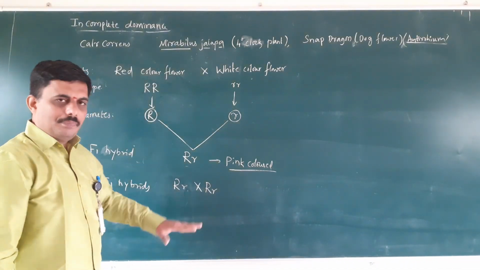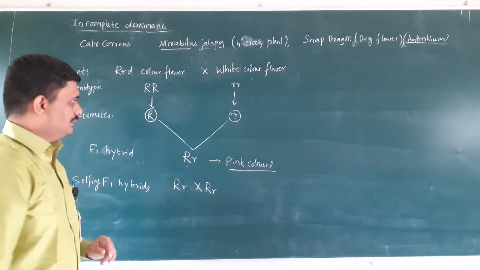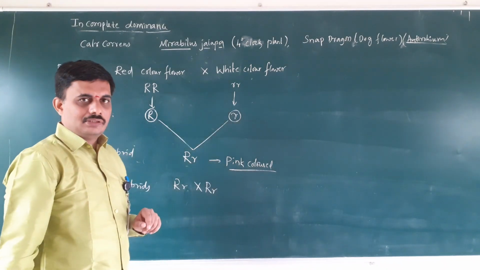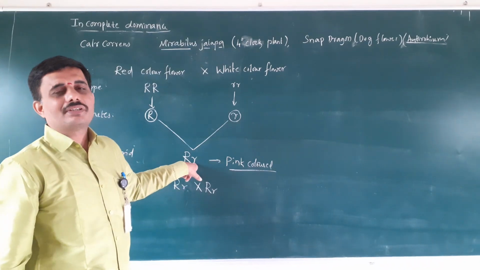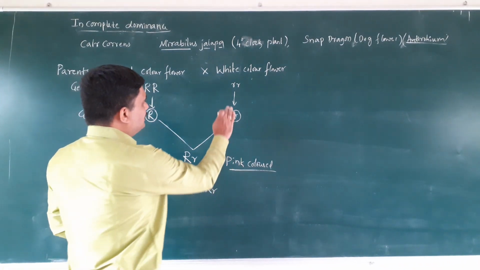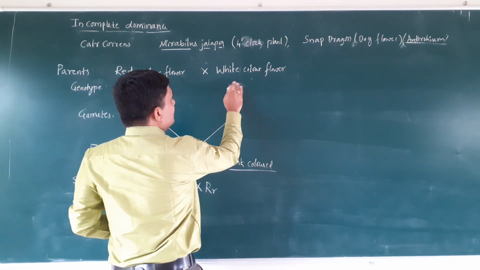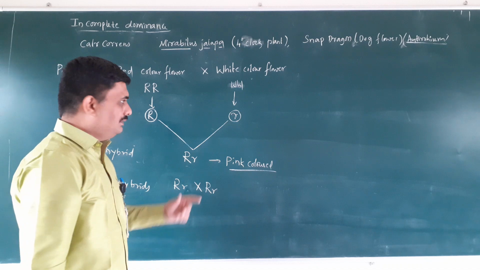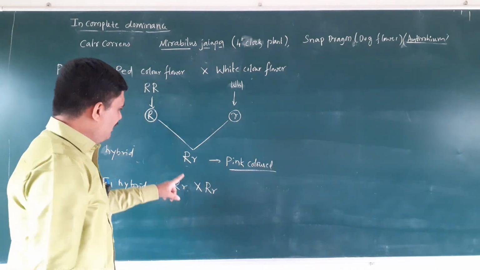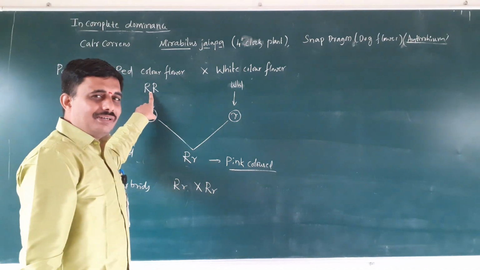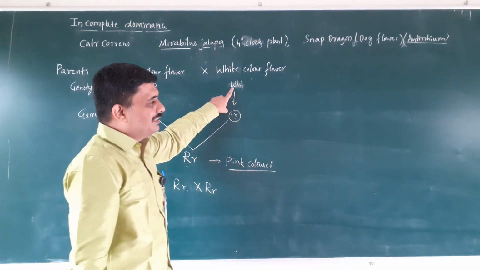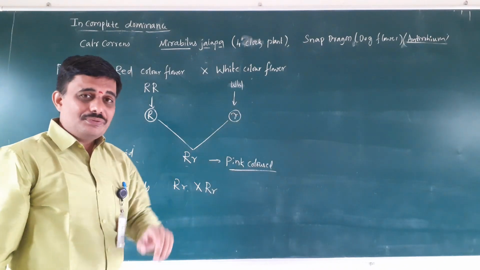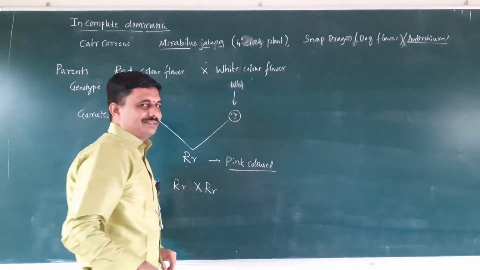Some books mention that as it is incomplete dominance, it is not completely dominating over the recessive parent. They take the WW character, because to say that neither is a completely dominant character, they do not take the small letter.